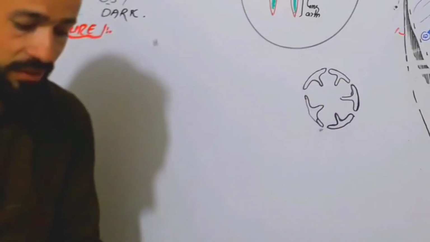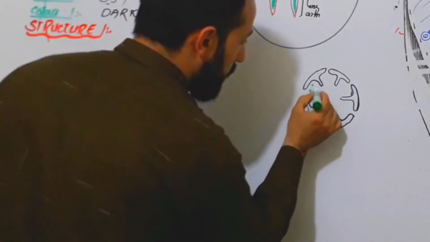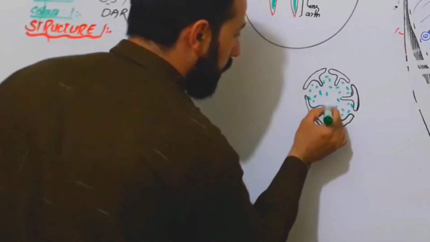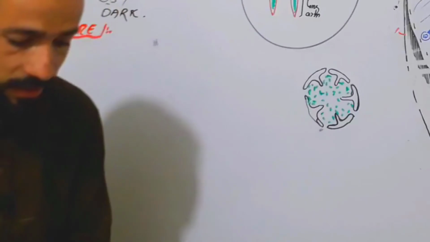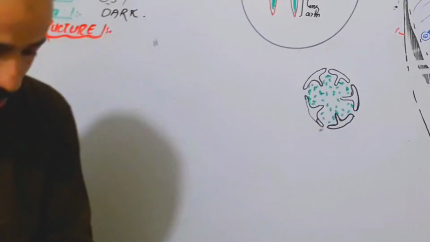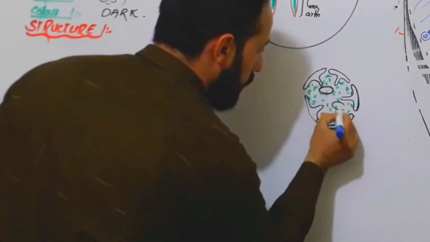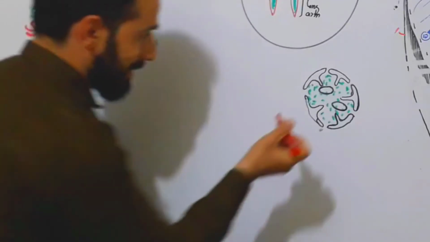Under the microscope it appears like this, and it contains some granular region, right? Here are some granules. Then it contains some fibrillar regions, and then some dense regions, right?